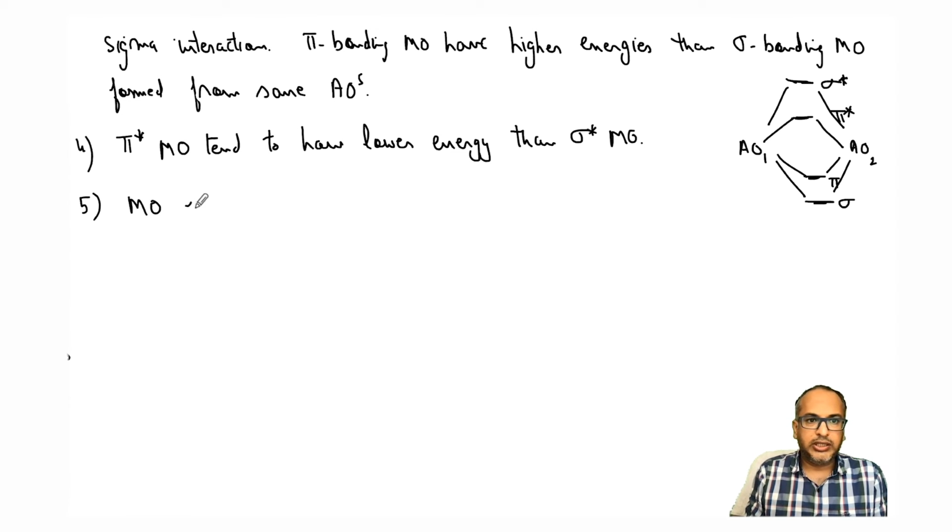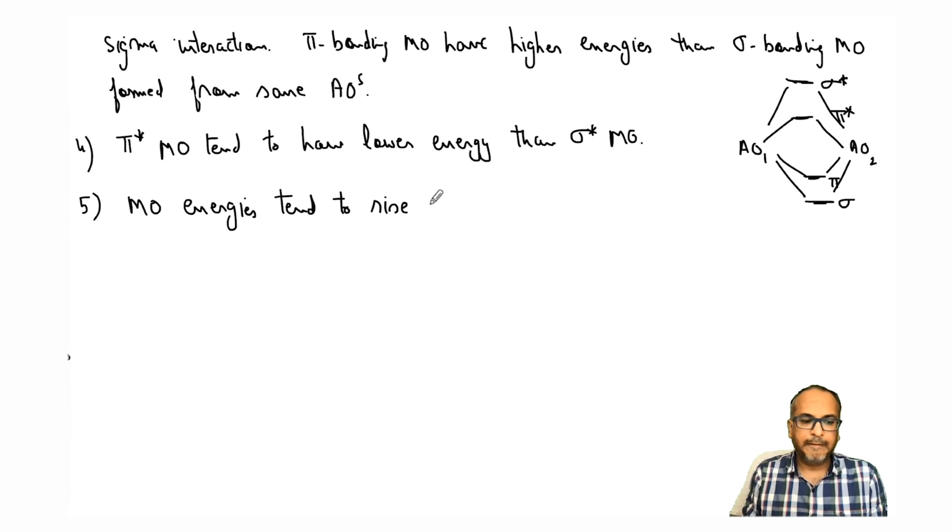Okay, so fifth is molecular orbital energies tend to rise as the number of nodes increase.